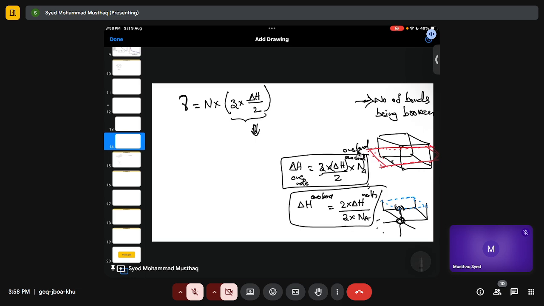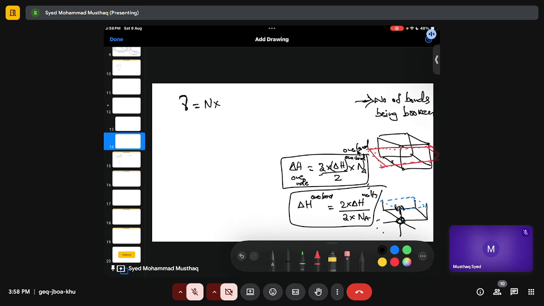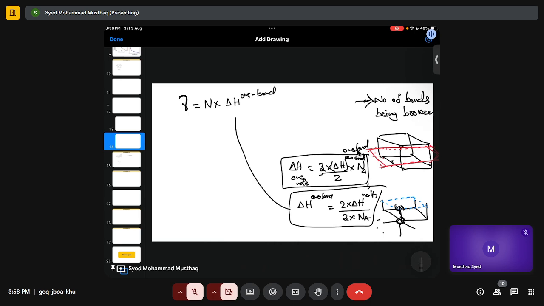So again, I guess I made a mistake here, so it's not Z here, right? You can just dump this term here, because for the delta H of 1 bond, you can just put this term here. Then what happens? It will be equal to Avogadro number.